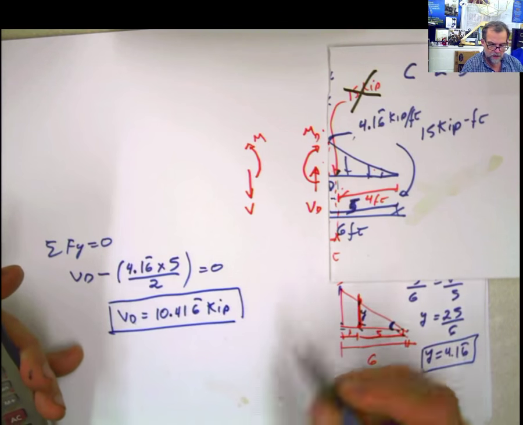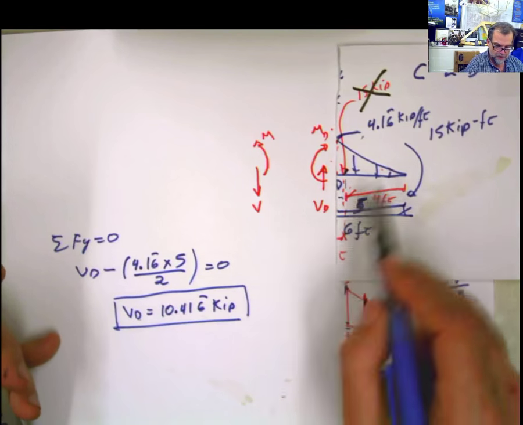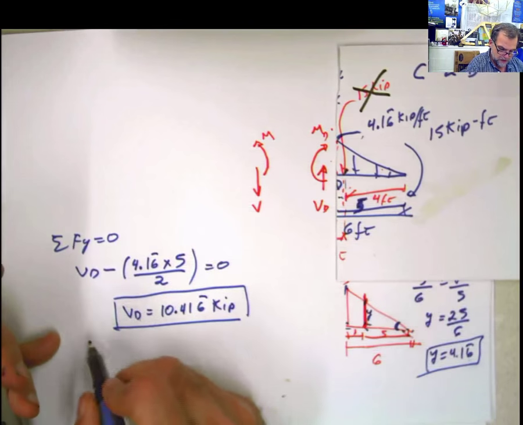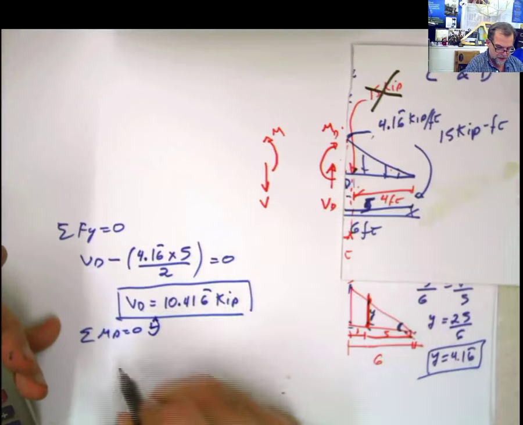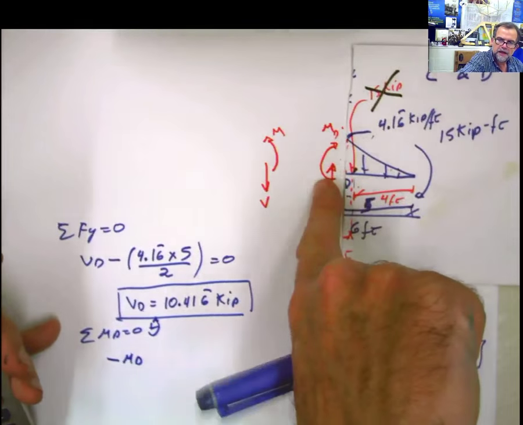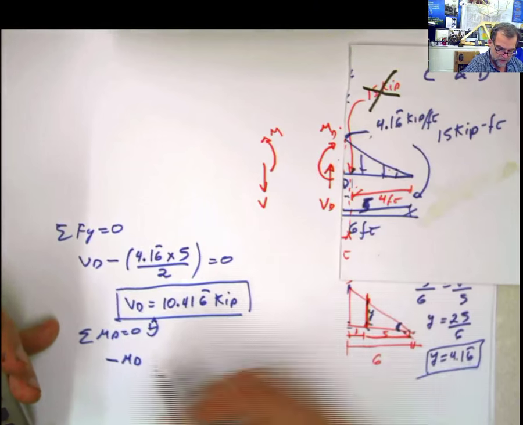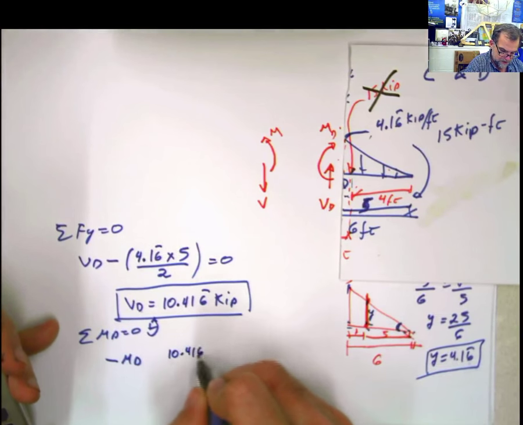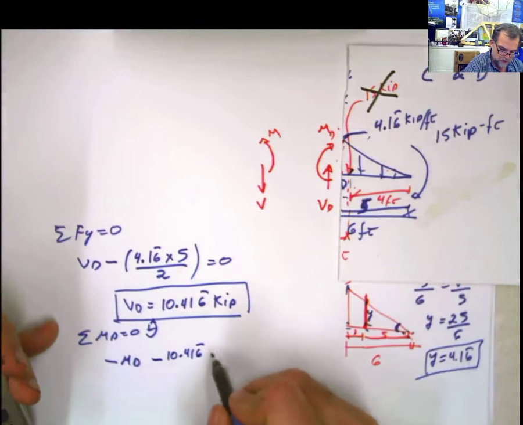And if I want to calculate the moment, then I do the same thing. I say the moment is going to be equal to a summation of moments at D equals 0. Then I have negative MD, because it's acting like that. Now the force coming from here is this value, the area, 10.416 periodic, and it's acting in this direction, also negative, multiplied by the distance.